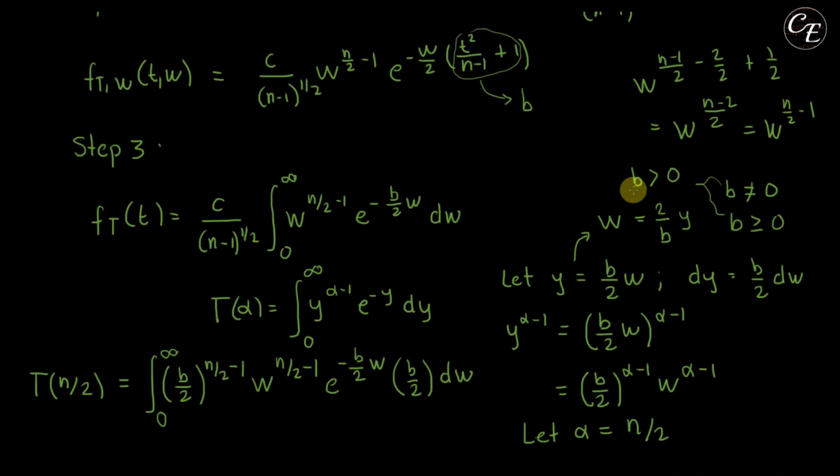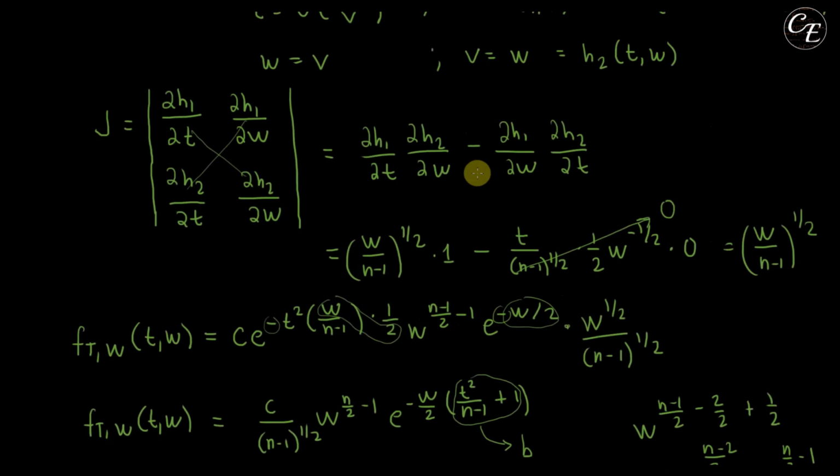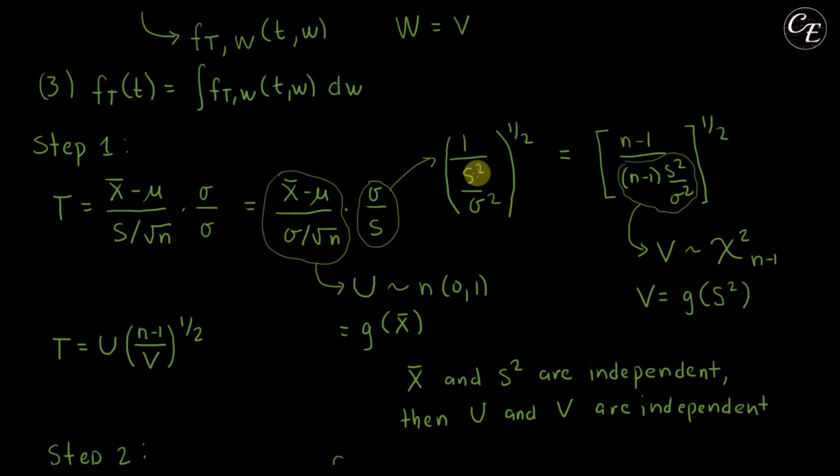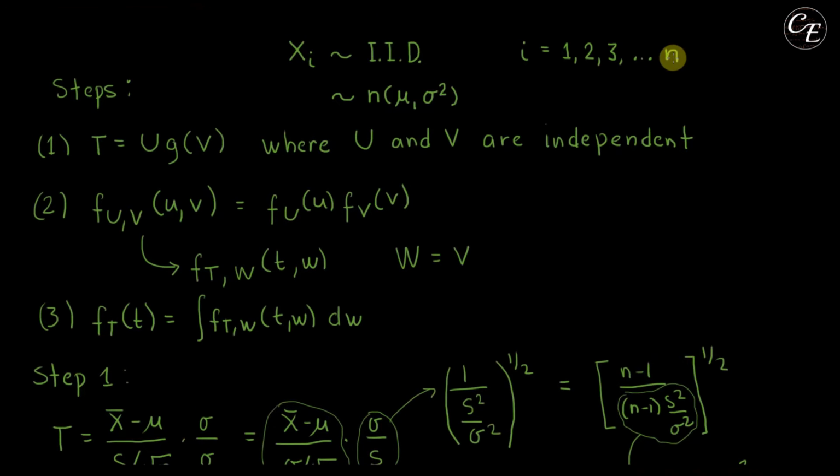Now how to make this b greater than 0? To make b greater than 0, and also avoid b approaching infinity, we need to make this n minus 1 not equal to 0. Or from here, n should not be equal to 1. But this n in here is the number of samples for the sample random variable.